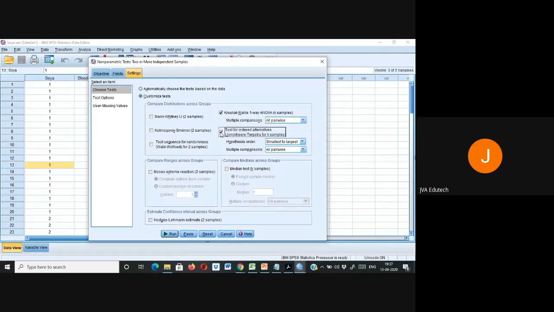Why do we use this Jonckheere-Terpstra test? Because it is a test of the trend, and it is useful if you want to see whether the medians of the groups increase or decrease in a linear way or not. So first let's do without choosing this, then we'll do it along with this also to see the trend. Now select run.